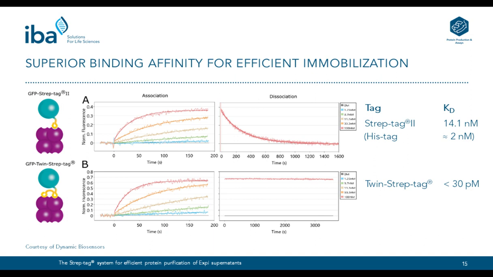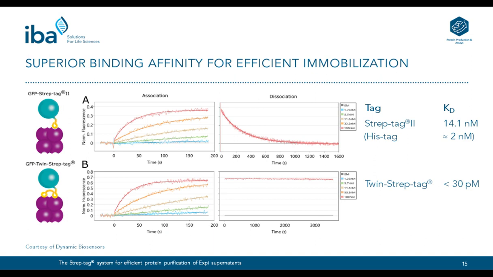And they compared the binding affinity of GFP fused to a Twin-Strep-tag and GFP fused to a Strep-tag in their system. So if you look to the left graph, you can see that both systems have a very fast association rate, but when you look to the dissociation on the right side, you can see a remarkable dissociation for the Strep-tag protein, which has a comparable binding affinity like the His-tag. So if you would use a His-tag capturing kit, you would actually see such a dissociation.